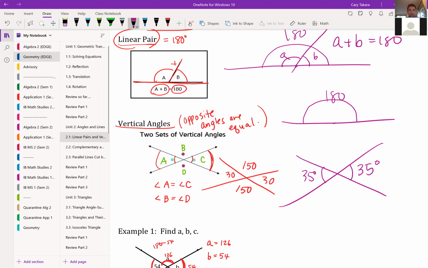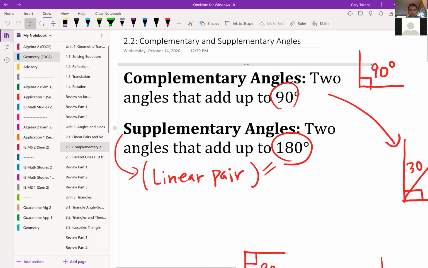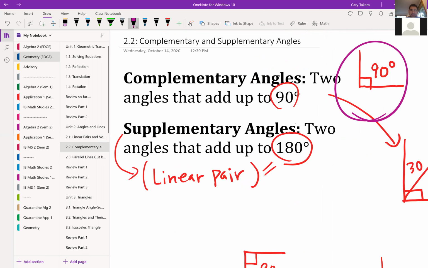Same thing, if this side is 140 degrees, then the opposite side is also going to be 140 degrees. This is called vertical angles. We've talked about complementary angles, which is 90 degrees, and supplementary angles are 180 degrees. Basically, linear pair and supplementary angles are about the same thing, okay?